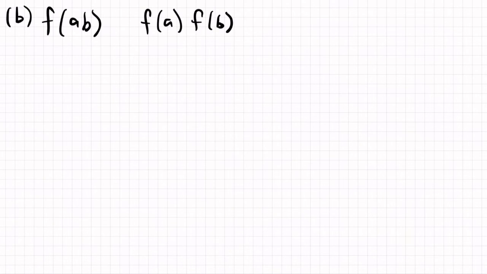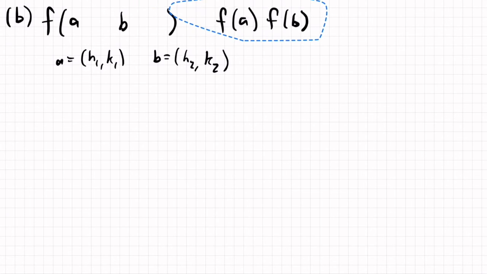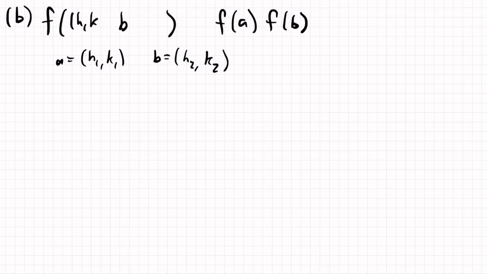So, okay, I've written this equation. Now let's write something in for A and B. So let's say A is H1, K1, and B is H2, K2, and okay, now what I can do here is make some room, and this will be H1, K1.